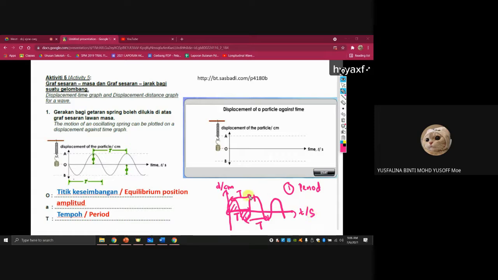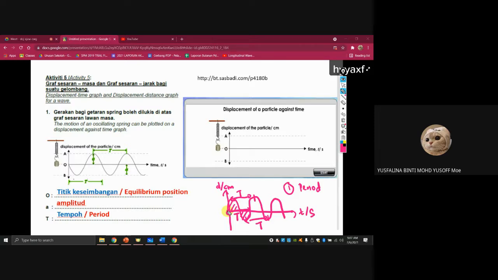I repeat again, for displacement against time, the first information you can get is the period. How do you find the period? The length from crest to crest, or trough to trough, or two semicircles here. This is called one period or one complete oscillation.